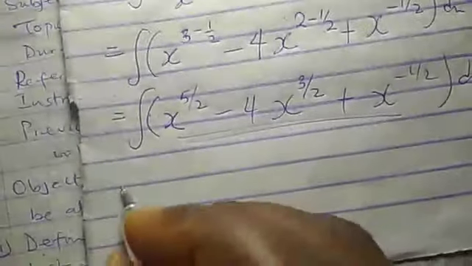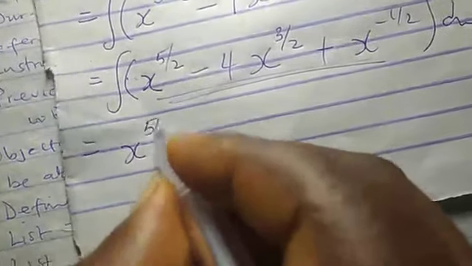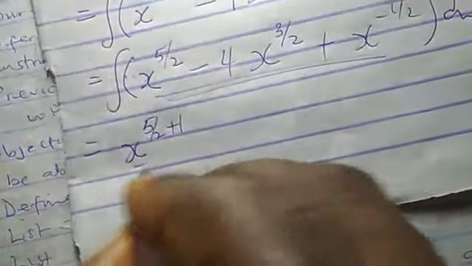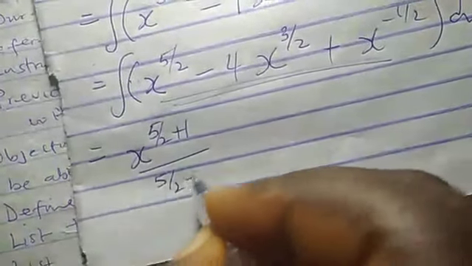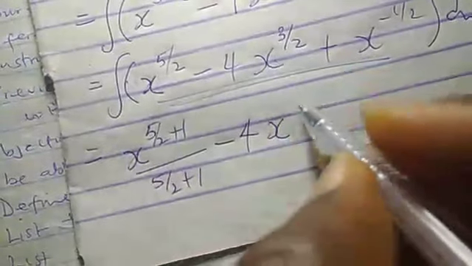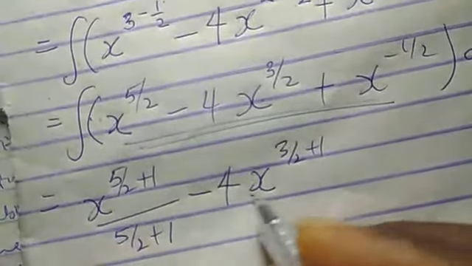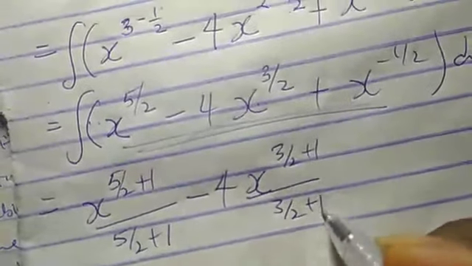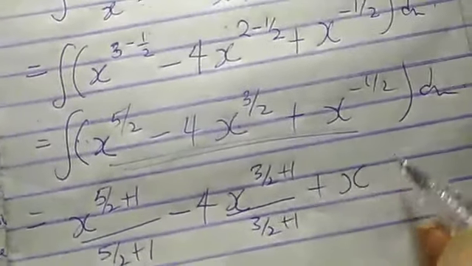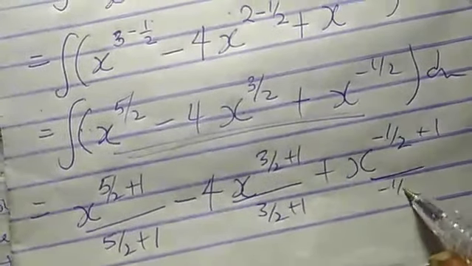I can now apply the idea of integration. How do you now integrate? I'll say 5 over 2 plus 1 over 5 over 2 plus 1, minus 4. If I integrate this one, I will have 3 over 2 plus 1 over 3 over 2 plus 1. And this one will give me minus half plus 1 over minus half plus 1.